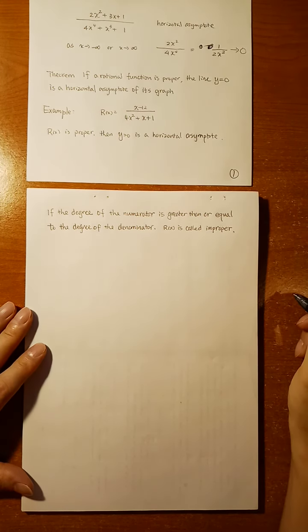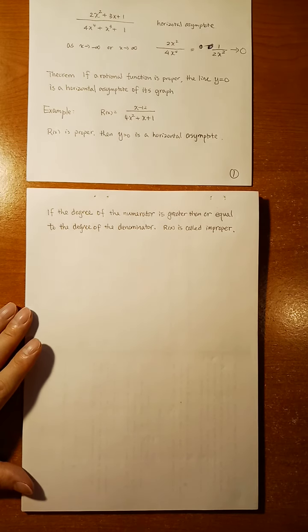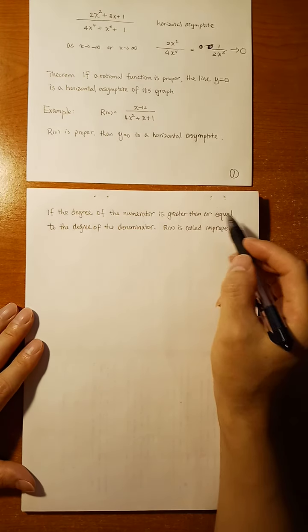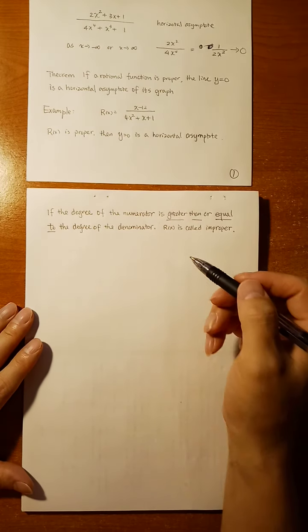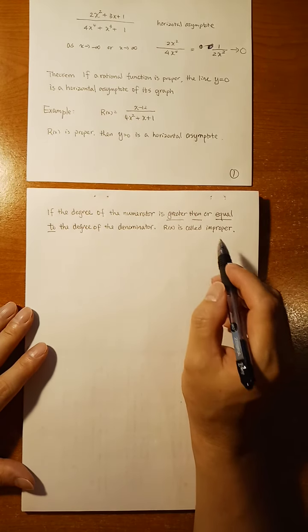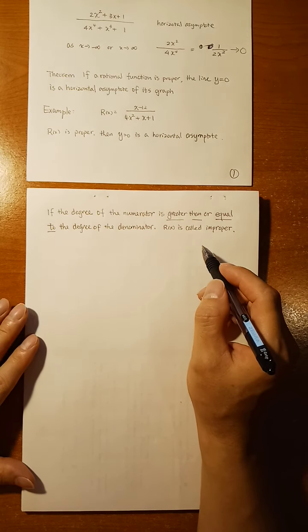Proper means less than; improper means greater than or equal to. It can be equal. Equal is not proper. Equal is also included in the improper case.